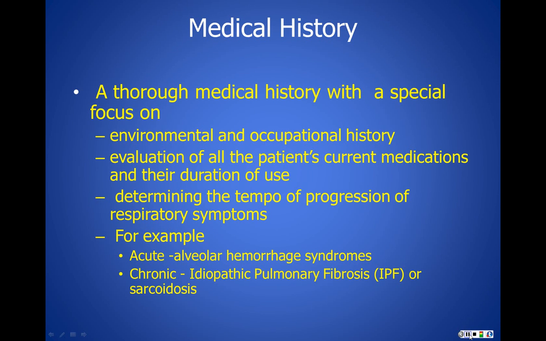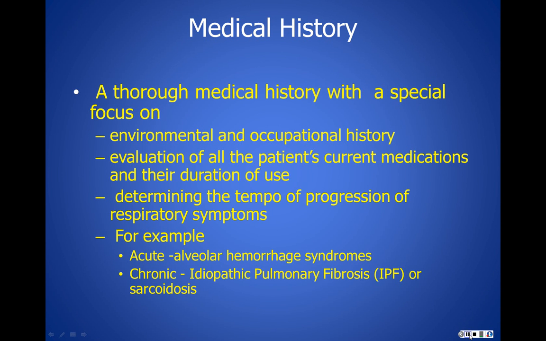Medical history: we need to take history like medical students. We have to take detailed environmental and occupational history, evaluation of the current medications, and never forget to ask about over-the-counter medications. I already mentioned history of nitrofurantoin is very important for your patients because we may put them on it for chronic suppression of UTI.